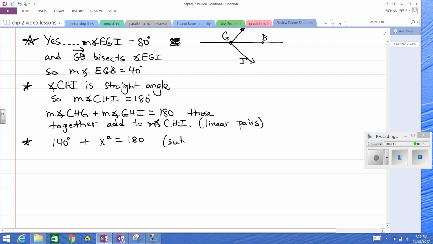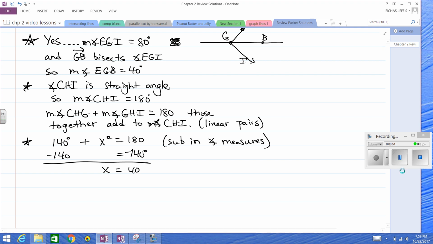Okay, so sub in angle measures. And then we're going to subtract 140 from both sides. That's just algebra. And x equals 40. Okay, so we got 40 degrees. Okay, so the measure of angle GHI equals 40 degrees.